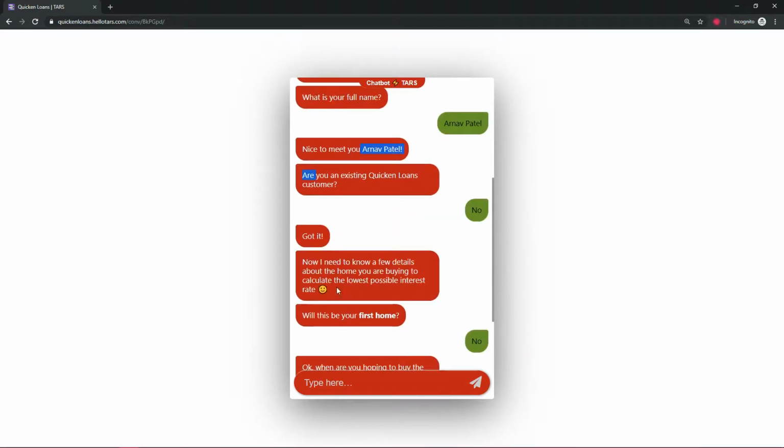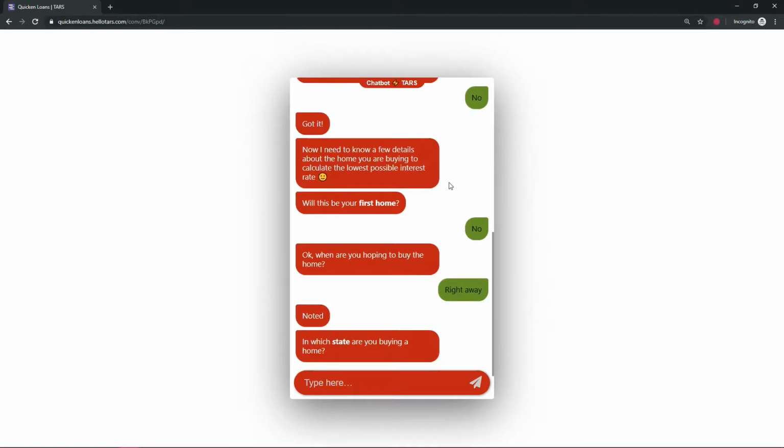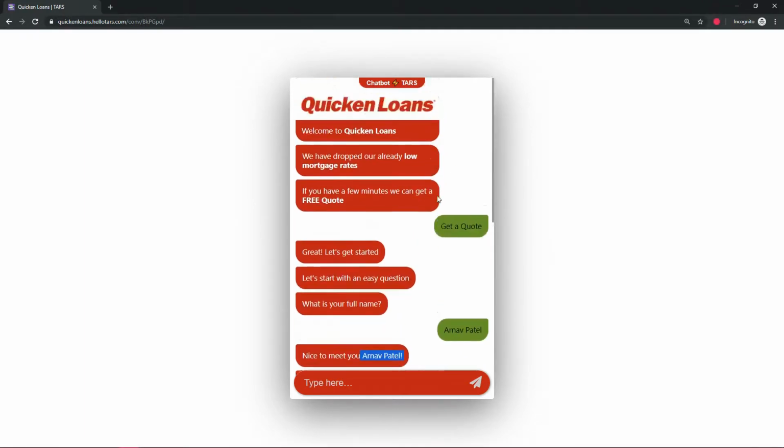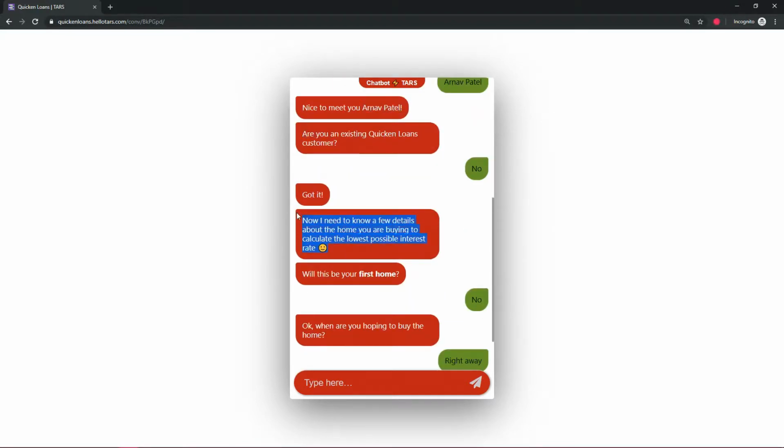Another rule that I've noticed is that in particularly long lead generation processes, for example in the case of mortgage, where you're asking for a lot of details in one go, I like to use the input acknowledgement message to prime users for what messages are going to come so that they don't feel like this is just going to be a never ending series of questions. Over here, for example, I'm telling them that I need to know a few details about the home that they want to buy before I can give them a quote.